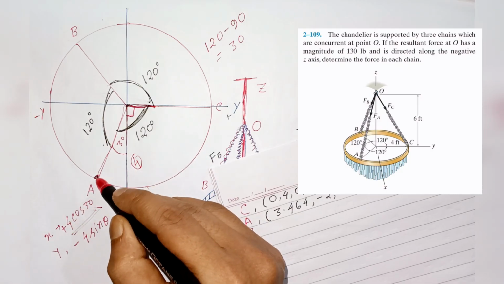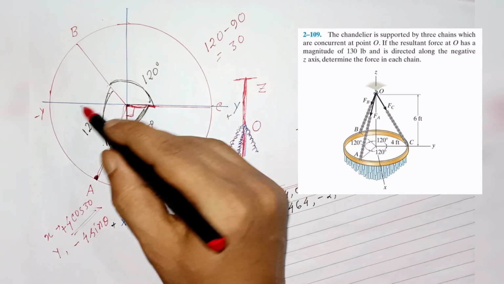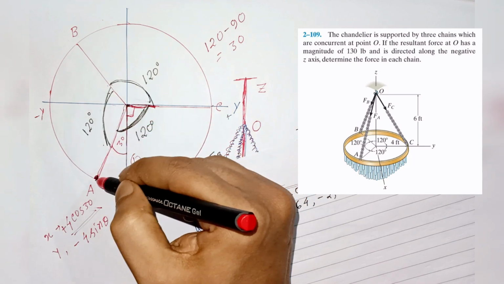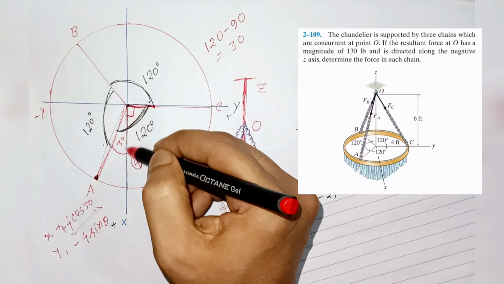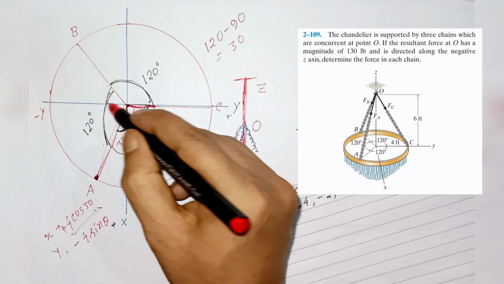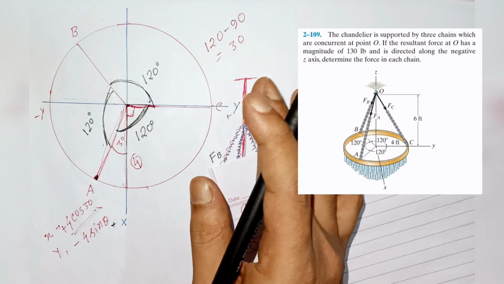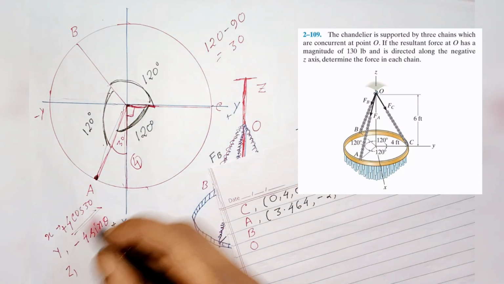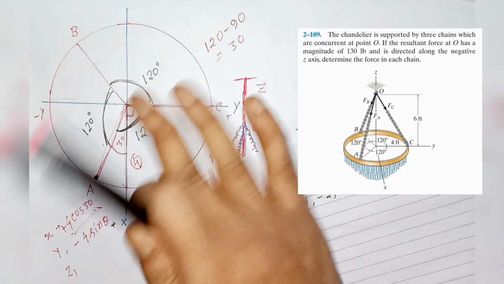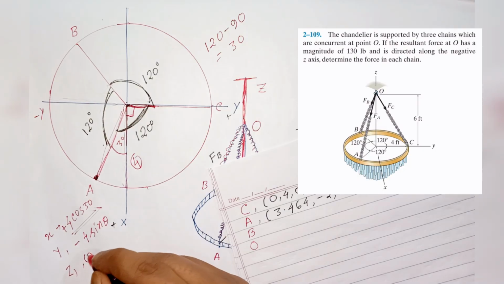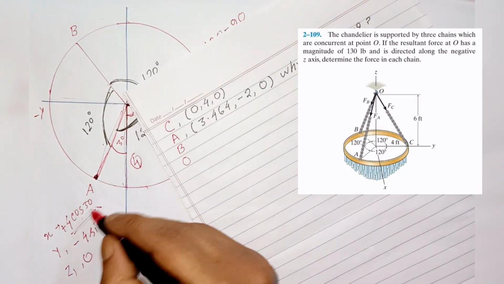So finally the coordinate of A: x coordinate 4 cos 30, y coordinate minus 4 sin 30. Obviously z is 0, no height here. So finally we got the coordinate of A: 4 cos theta, minus 4 sin theta, and 0.